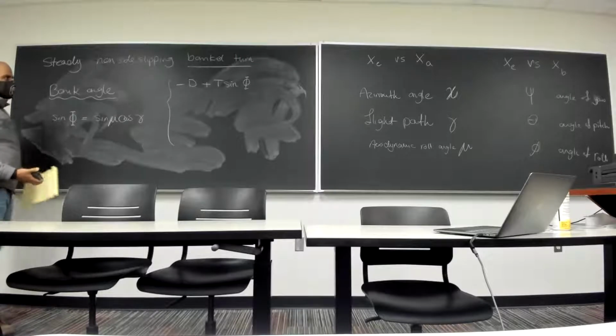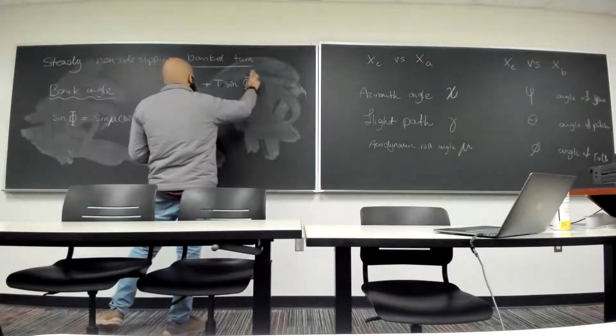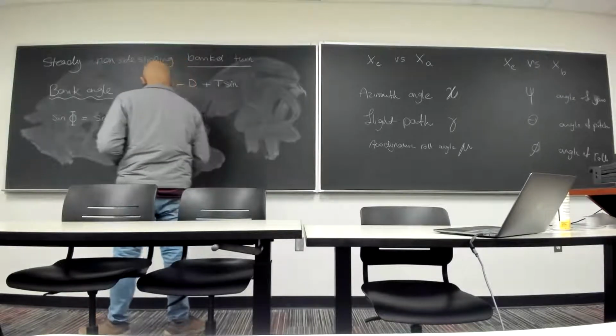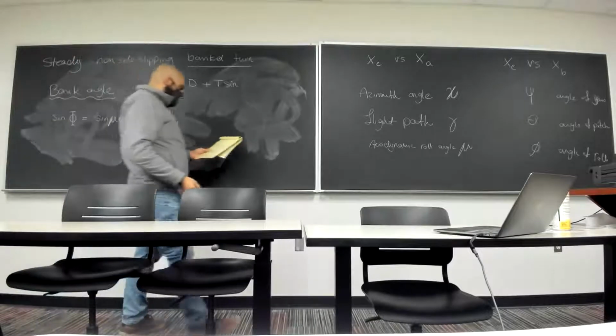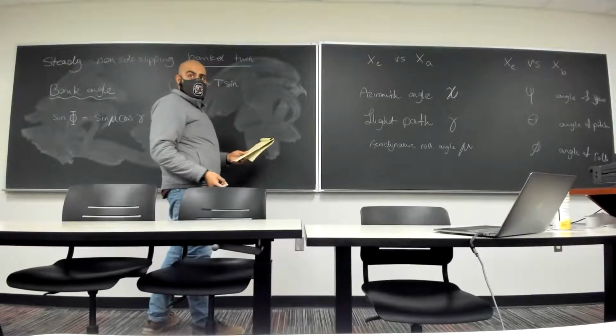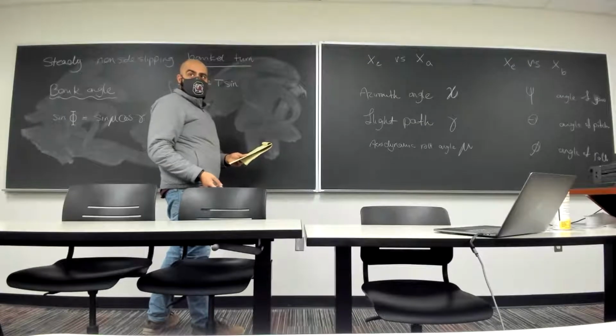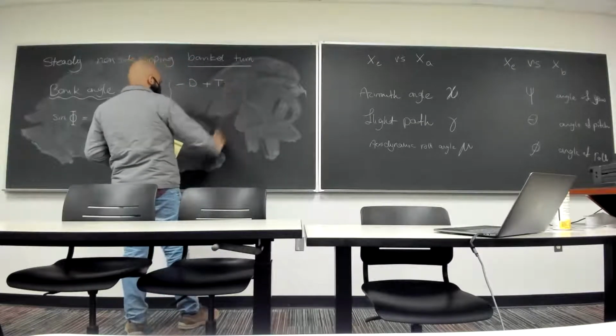What is the component of? You don't need to use the angle of bank, right? T of alpha t, right? Cosine or sine? You said cosine. Yeah, that's correct. Cosine of alpha t, right?